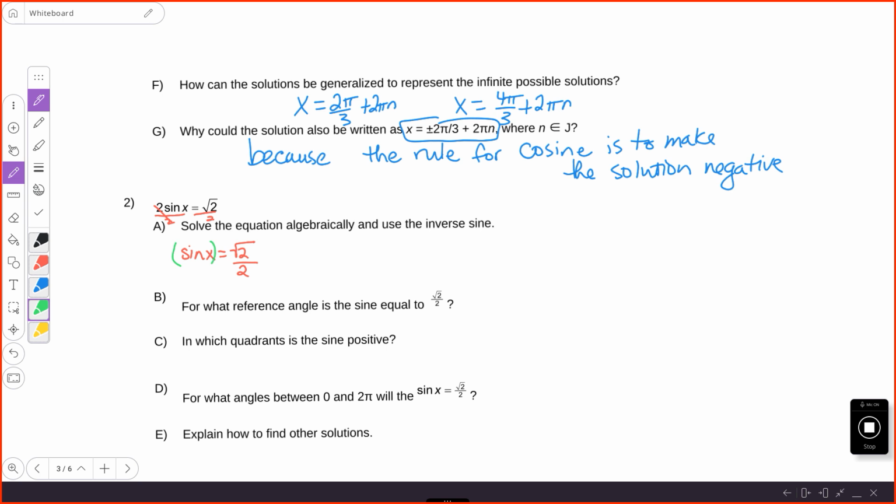So arc sine. Alright, so now I have x equals arc sine of square root 2 over 2. So that means, part B, what reference angle has sine equal to square root 2 over 2? Look on the chart on the front page. Or use your left hand. Figure it out.